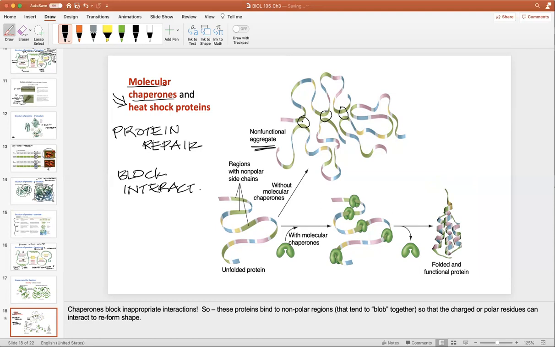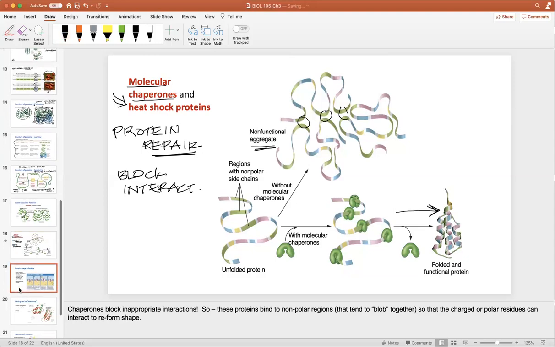But if you introduce these molecular chaperone proteins or heat shock proteins, see them right there, what you can see is happening is they're blocking off these nonpolar areas and leaving open the areas that are maybe polar and can form hydrogen bonds, or they can form ionic bonds or something like that. And that encourages the protein to refold to its normal functional shape, okay? So that's how we can repair proteins using something called molecular chaperones or heat shock proteins, all right?